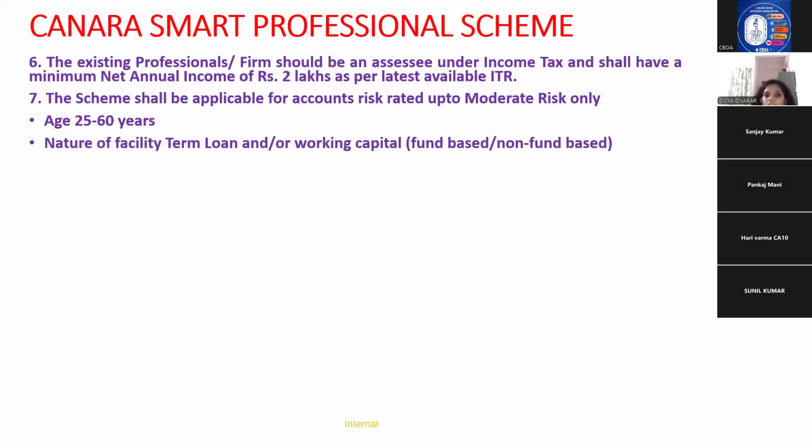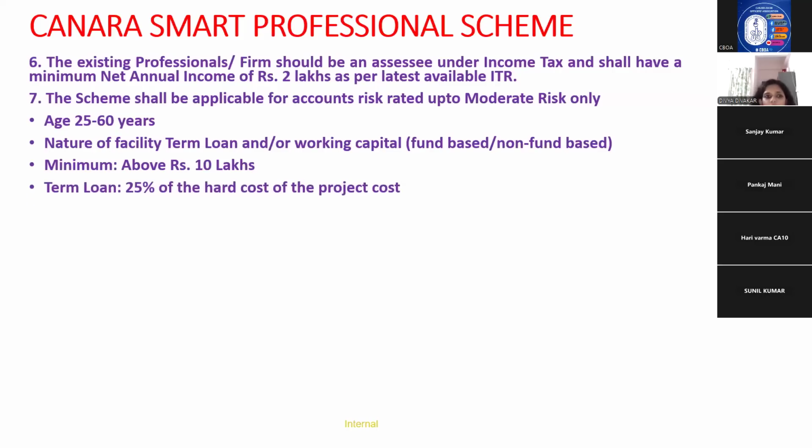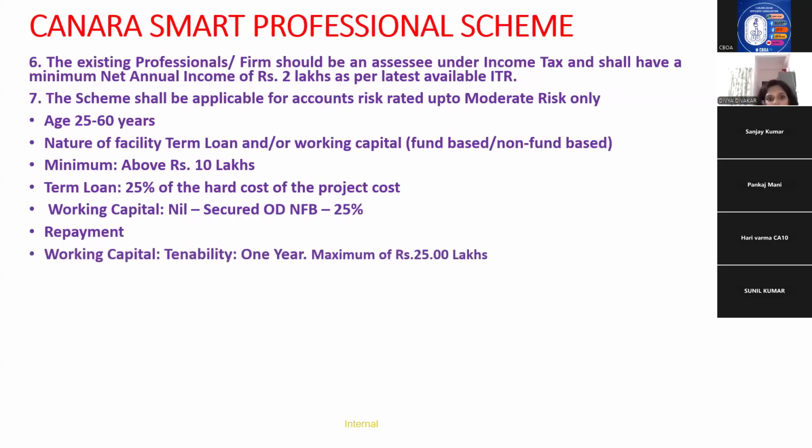The scheme shall be applicable again, same like all the previous schemes we discussed: moderate risk, age 25 to 60. Nature of the facility: term loan or working capital, minimum about 10 lakhs. Term loan margin 25% of the hard cost of the project cost. Working capital, it is nil.